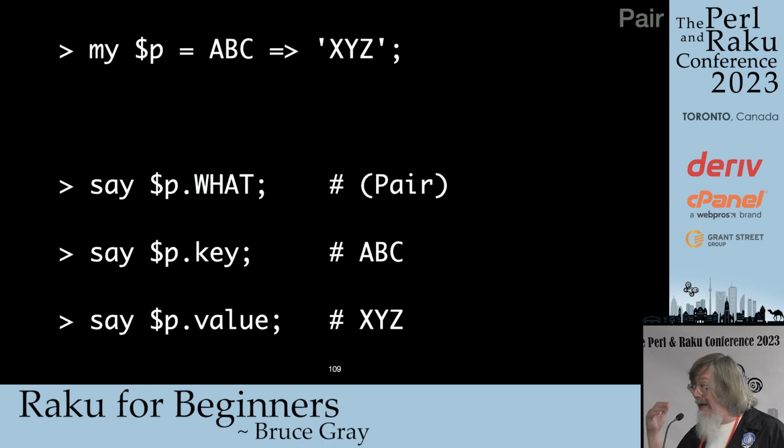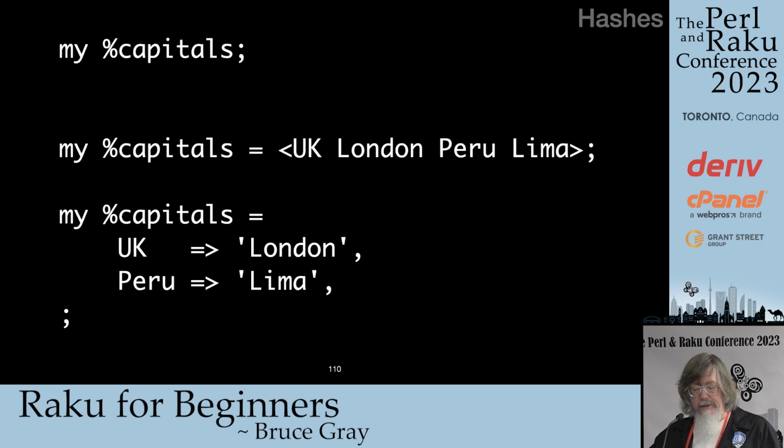Okay, so pairs show up a lot when we're using hashes. Back to where we were with the capitals.